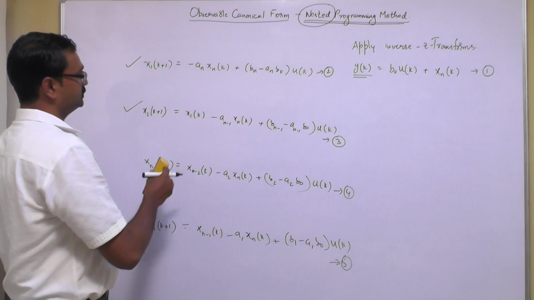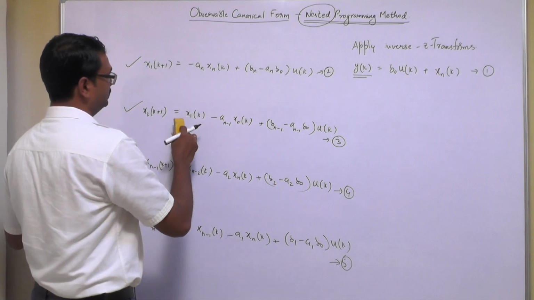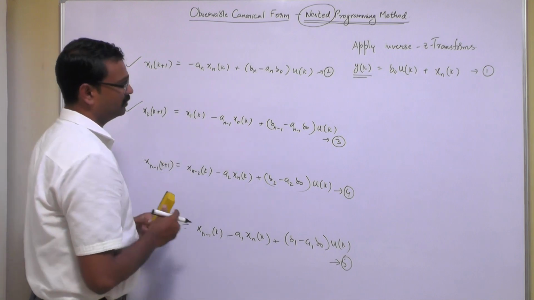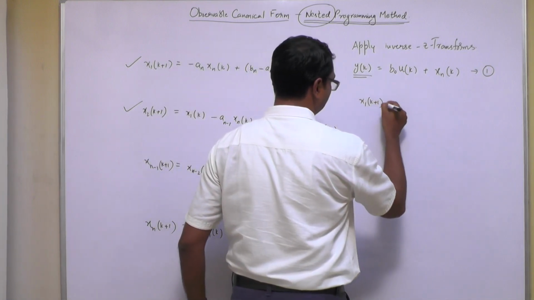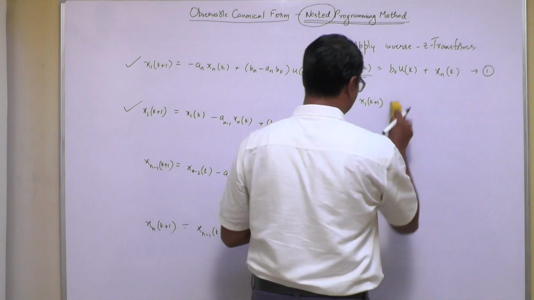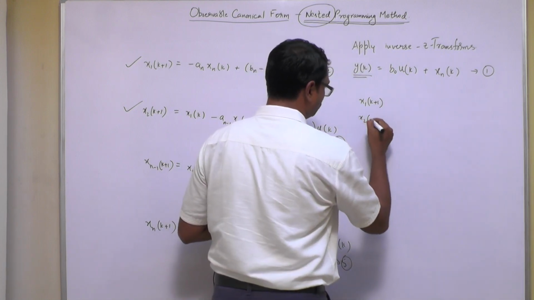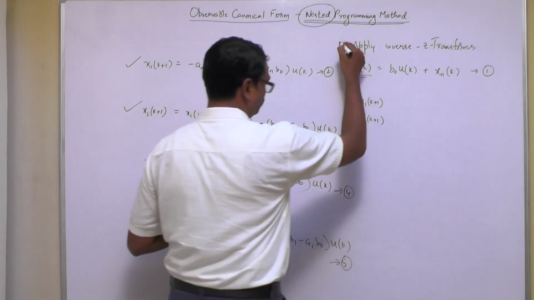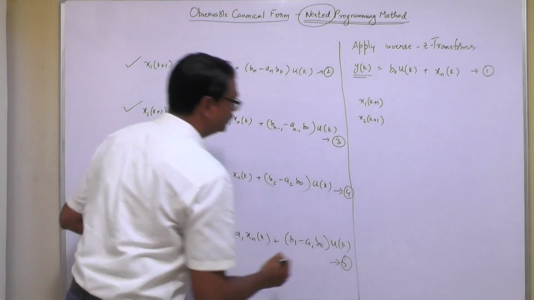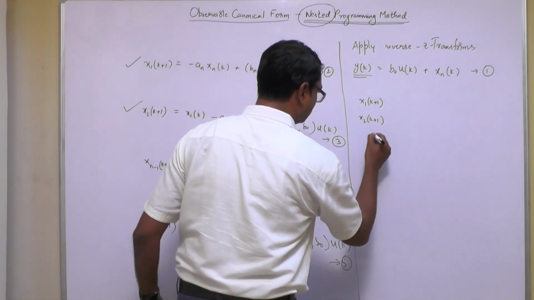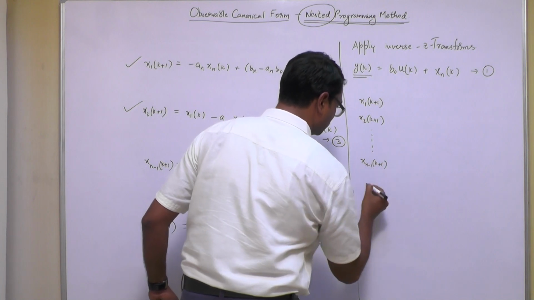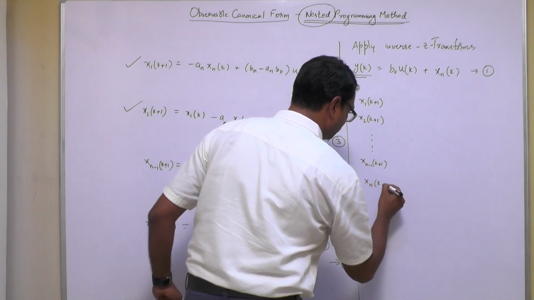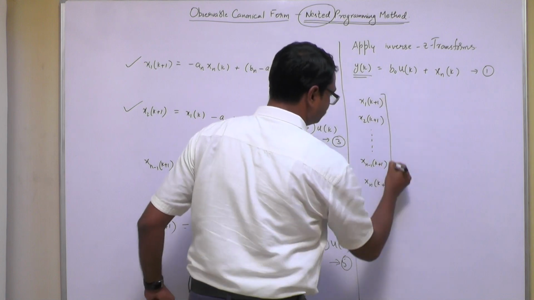You can say this as x1 k plus 1, x2 k plus 1, so on, xn minus 1 k plus 1 and xn k plus 1.